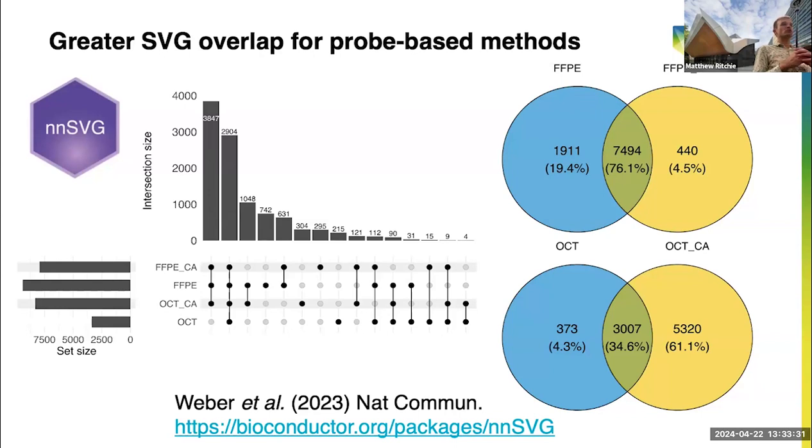The major difference with fresh frozen here is that one platform uses probes, the CytAssist, and the other does not. So you can see that the genes and features you're recovering are perhaps a bit different for the poly-A-based method, which is not unsurprising because it perhaps gives you the ability to see other things that are not covered by probes. So there's some unique content there.